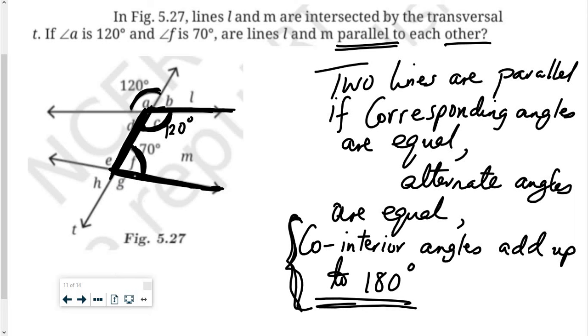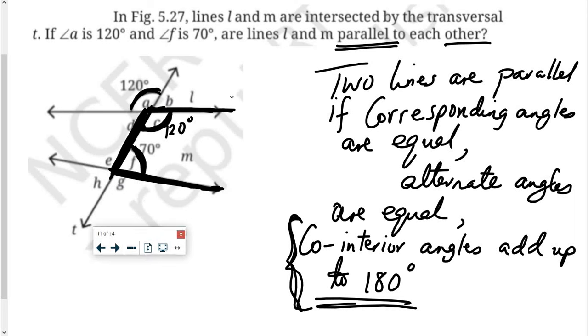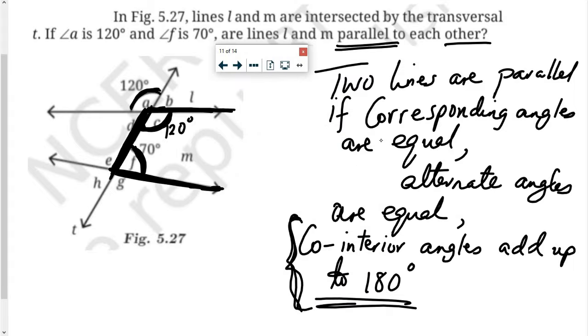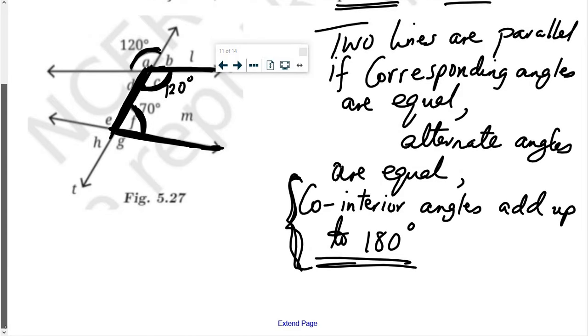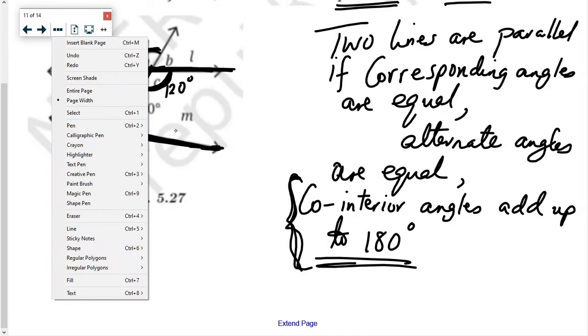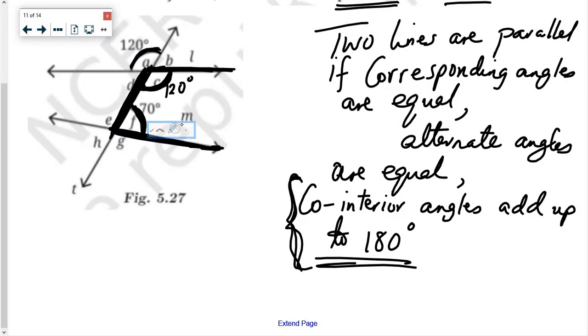If you take 120 and 70, add them together, do you get 180? If you don't get 180, therefore, you conclude by saying that the two lines are not parallel. But if you get the answer equal to 180, then the two lines are parallel.